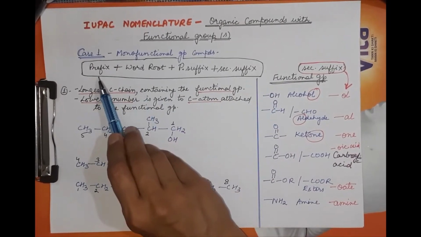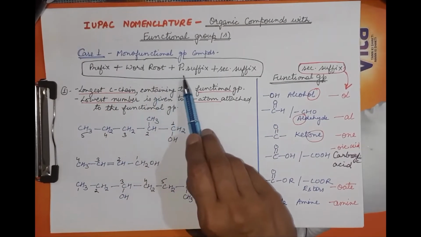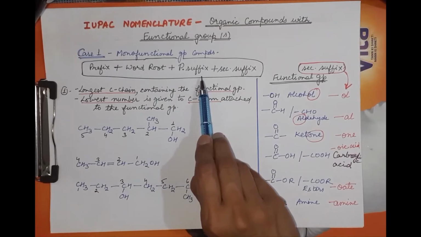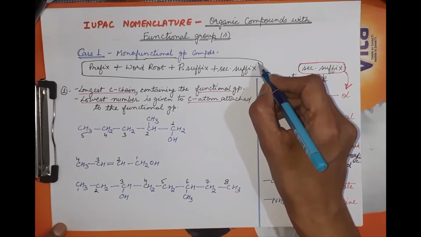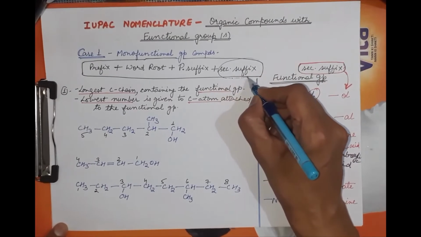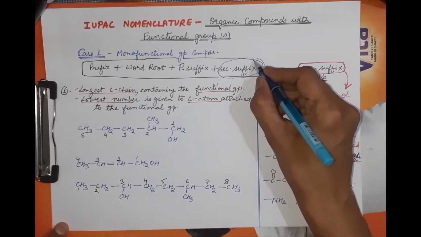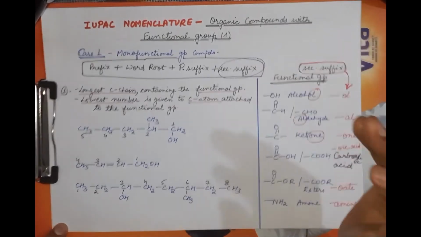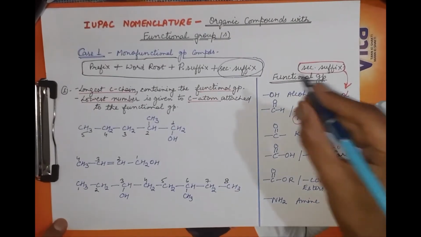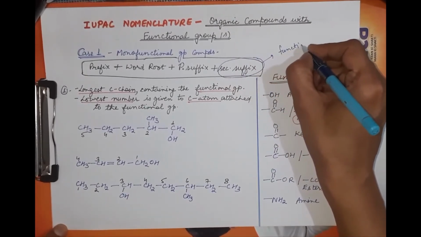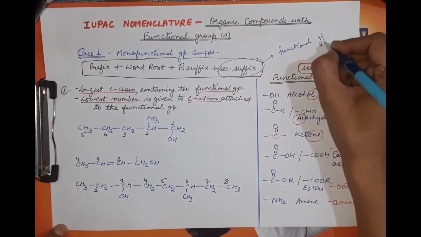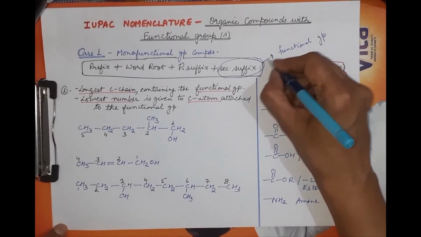All these three, prefix, word root and primary suffix, we have discussed in my earlier videos. In this video, basically, this secondary suffix which is added to the IUPAC name represents the functional group in the compound.